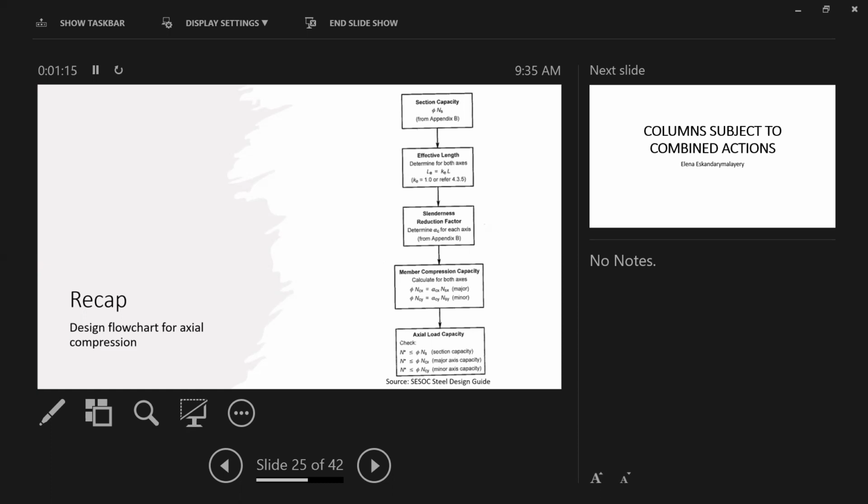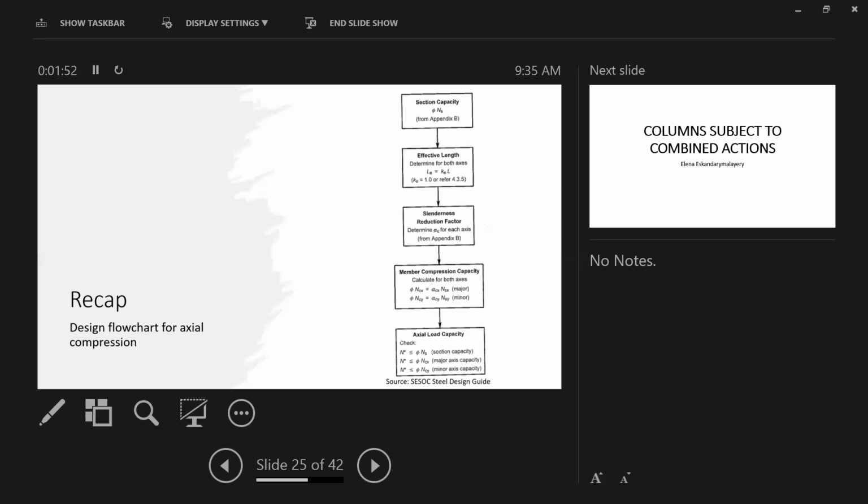So here you can follow the flow chart to be able to design the column for the axial compression force only. So to do so, the first step is to find the section capacity phi Ns from the table. So in that table, you can easily choose your cross section and read the capacity for that specific cross section.